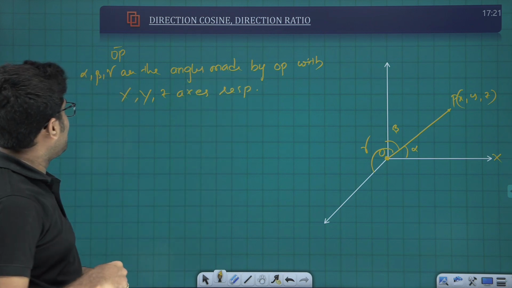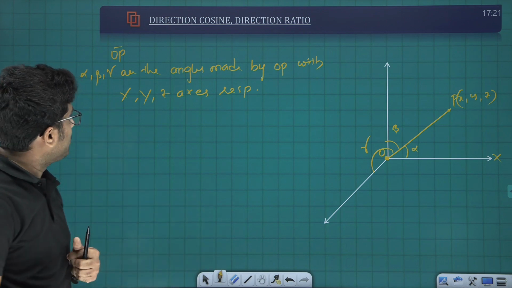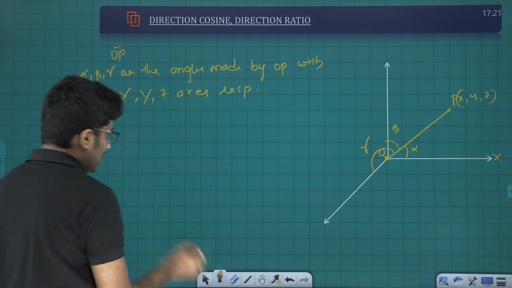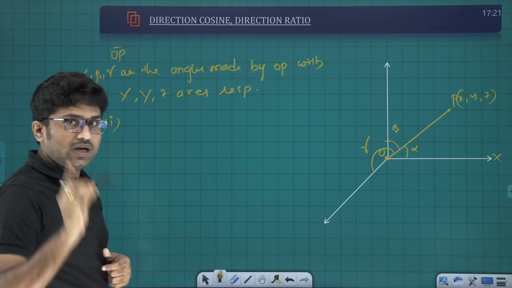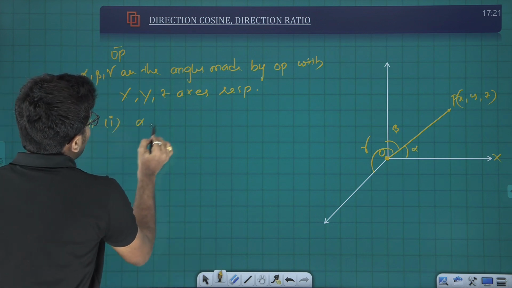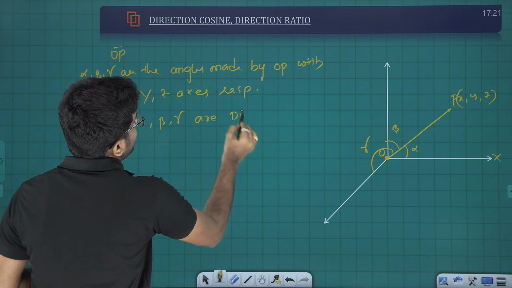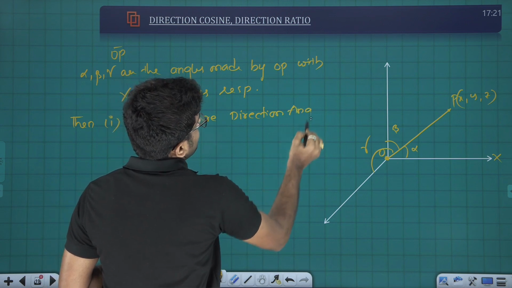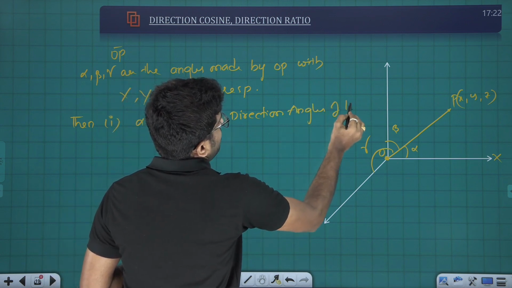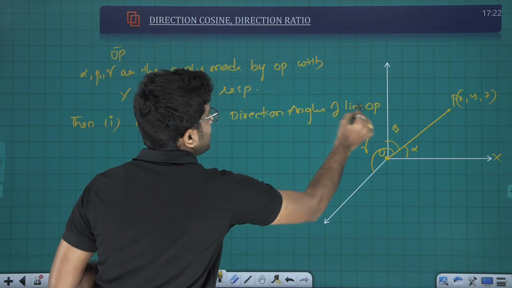So if alpha, beta, gamma are the angles made by a line segment OP with x, y, z axis respectively, then number one, alpha, beta, gamma are called direction angles of line OP, of line segment OP or line which is passing through OP.